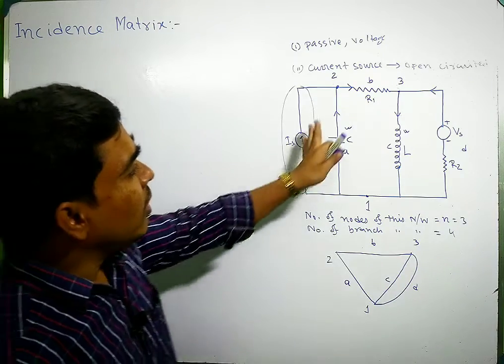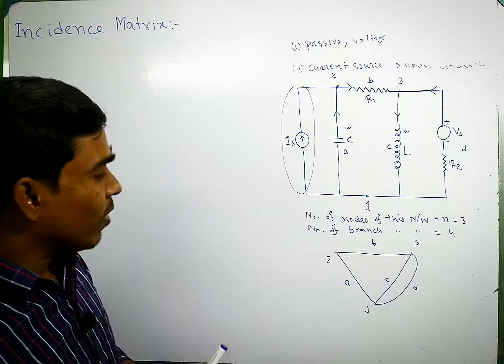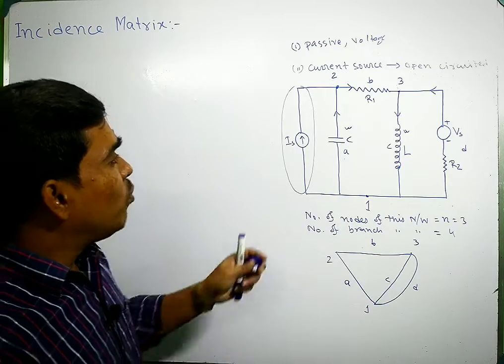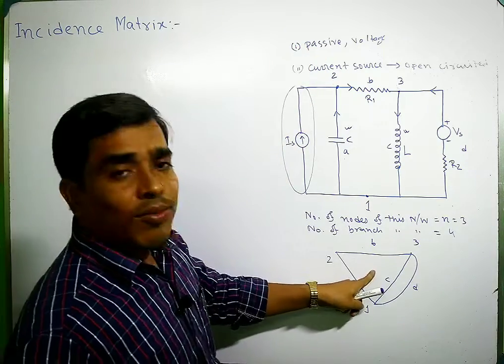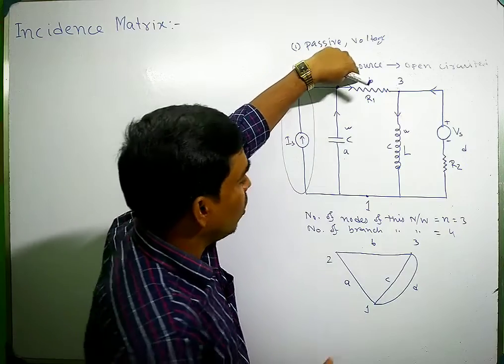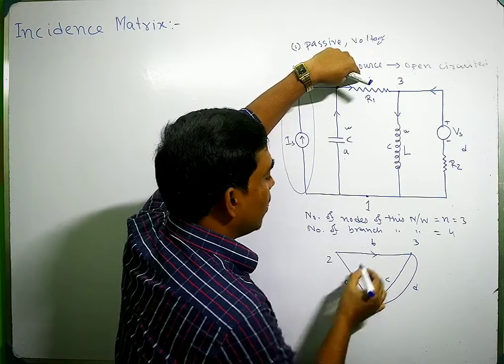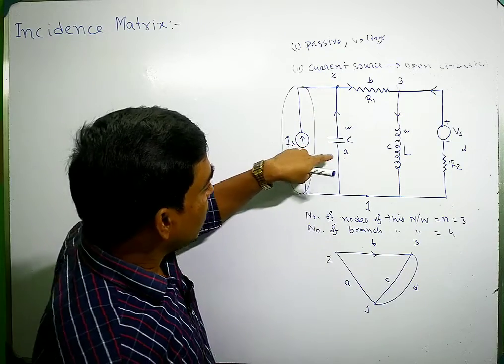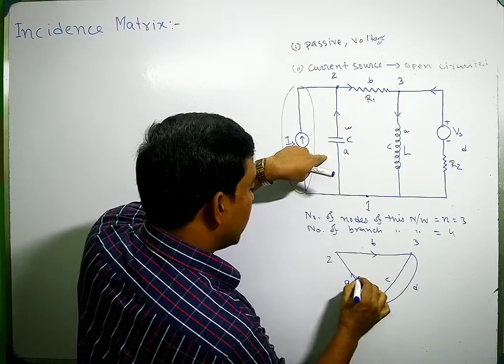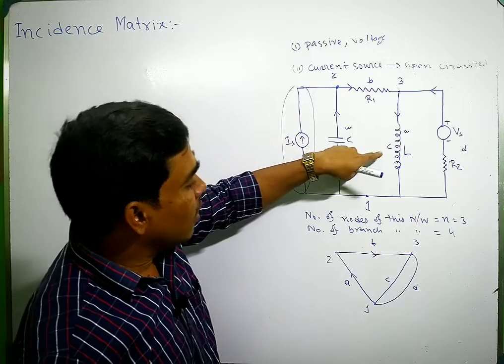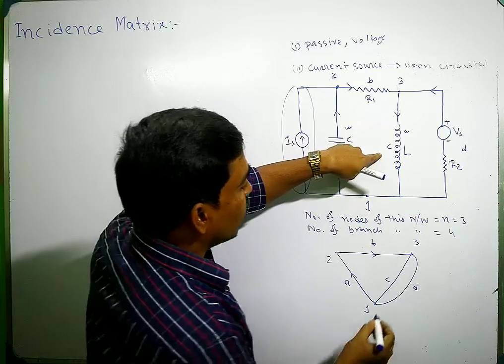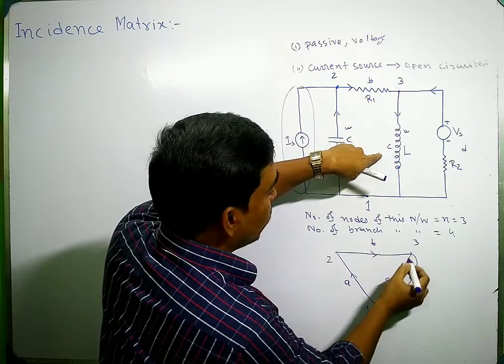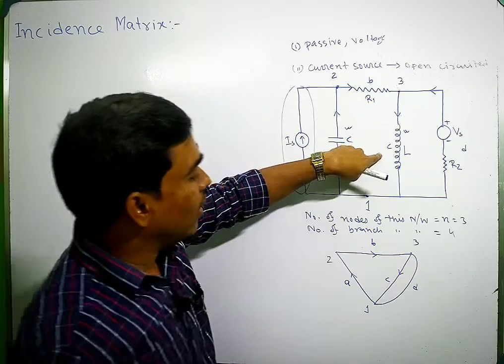Now we put these on the graph. This is branch B, and the current is along this direction. This is branch A, and the current is along this direction. This is branch C, and the current direction is 3 to 1.